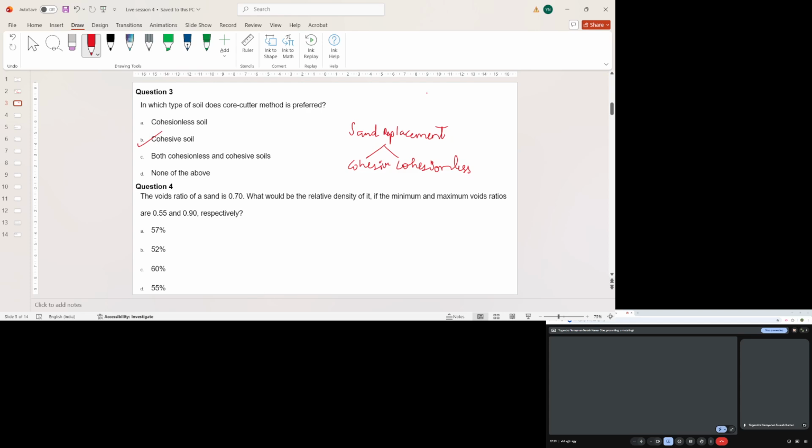Apart from that, several non-invasive techniques have now come for density measurements, like neutron density, etc., and some acoustic and electrical methods where you can determine the density of the soil and the layers of soil deep inside the ground. You can determine to what thickness a particular type of soil is present.